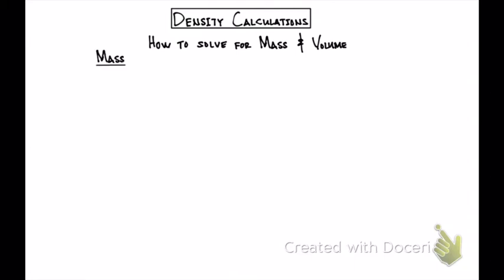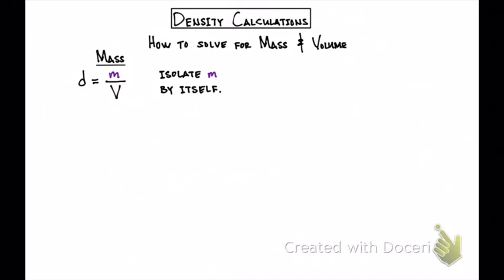All right, so let's look at how to solve for mass. Let's say you're given the density value and the volume. How do you solve for mass? We know that density is equivalent to mass divided by volume. And so what you want to do here is isolate m by itself. How do we do that? Well, all you have to do is move that volume to the left-hand side of the equal sign.